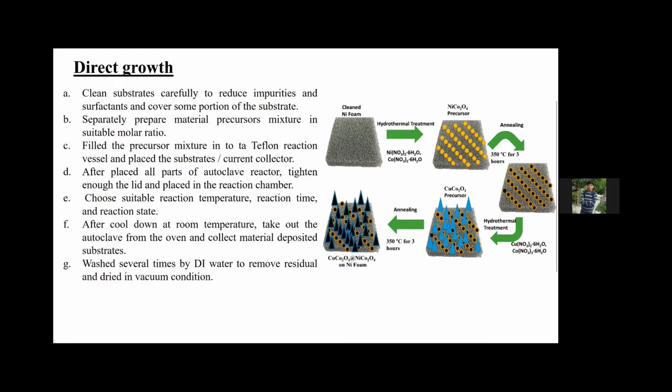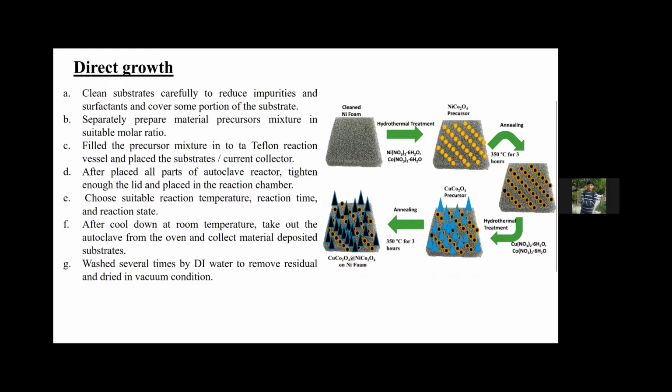Okay, and one more thing: generally if we want to make any metal oxide by hydrothermal, in the hydrothermal reaction it grows as a metal hydroxide. In the case of nickel cobalt oxide, the deposition happens as nickel cobalt hydroxide.